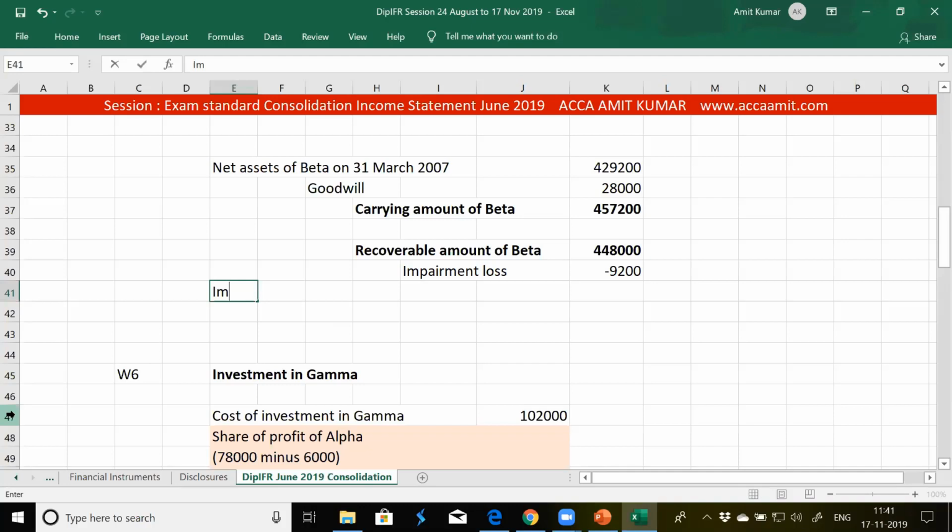Impairment loss to be recognized as cost of sales. How much? 9,200 is the total loss, but parent has a share of only 75% of it. So 75% of 9,200 is the loss to be charged as cost of sales.